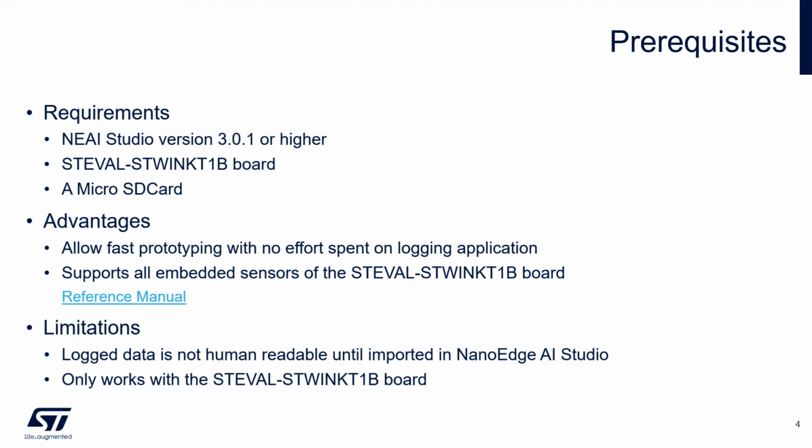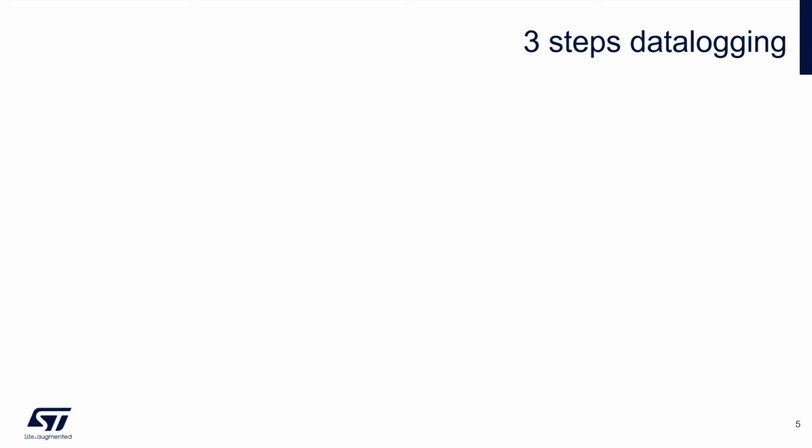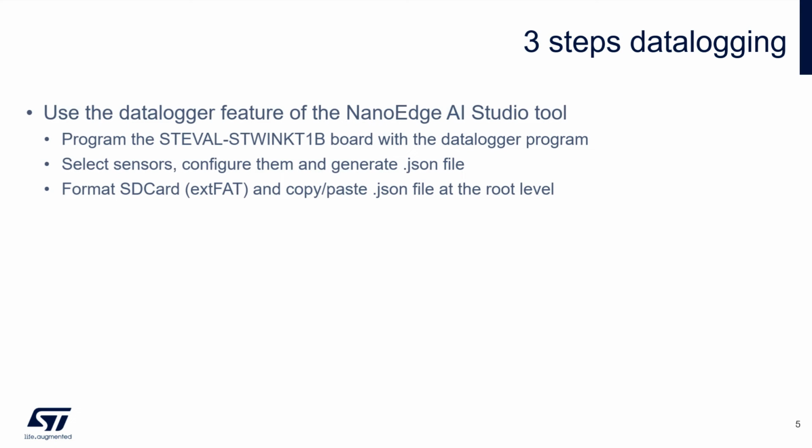So logging itself will go in 3 steps. In the first step, we will program the STEval STWin KT1B board with a flexible and generic application. Then we will select the sensor that we want to use, accelerometer 1, and generate a .json file that we will put on an SD card.